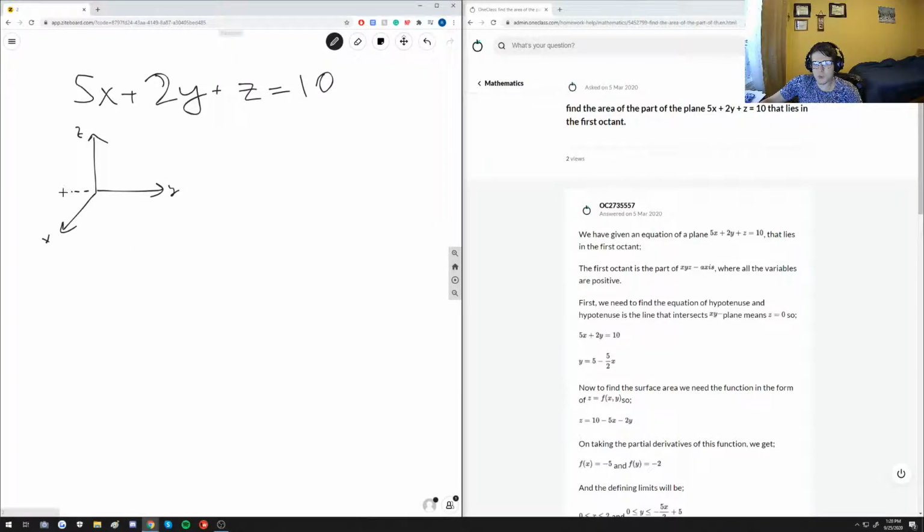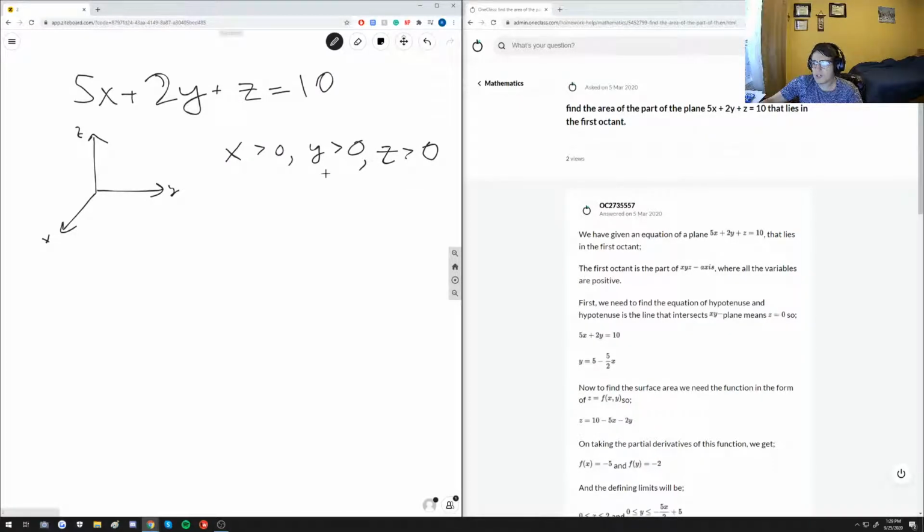The other octants would be behind it and under it, right? But we don't want to consider those. We just want to consider everything that is in this area and going up. So that is the octant that we're considering. That means we have certain constraints: x is going to be greater than 0, y is going to be greater than 0, and z has to be greater than 0.